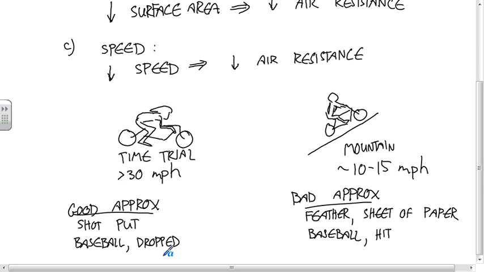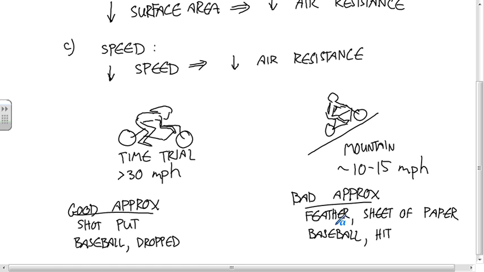And keep in mind that it's not the object itself that determines whether free fall is a good approximation. It's the object in whatever situation you're thinking of. It's hard to come up with examples, but say a feather could be moving so slowly that the free fall approximation would be a good one.